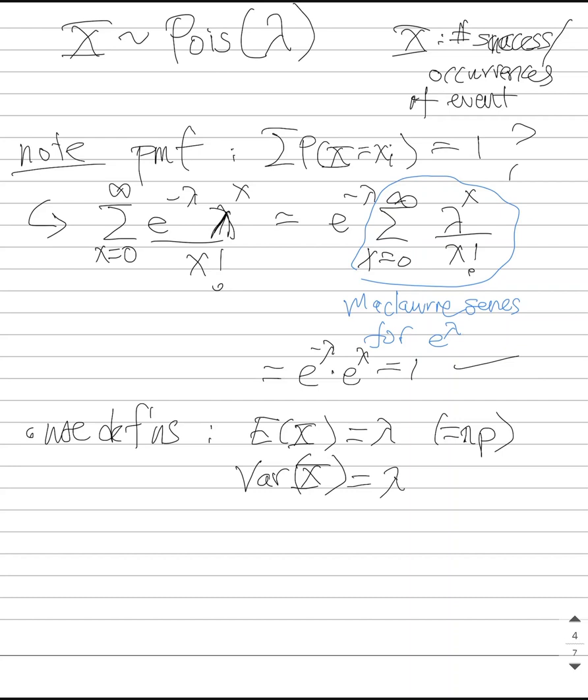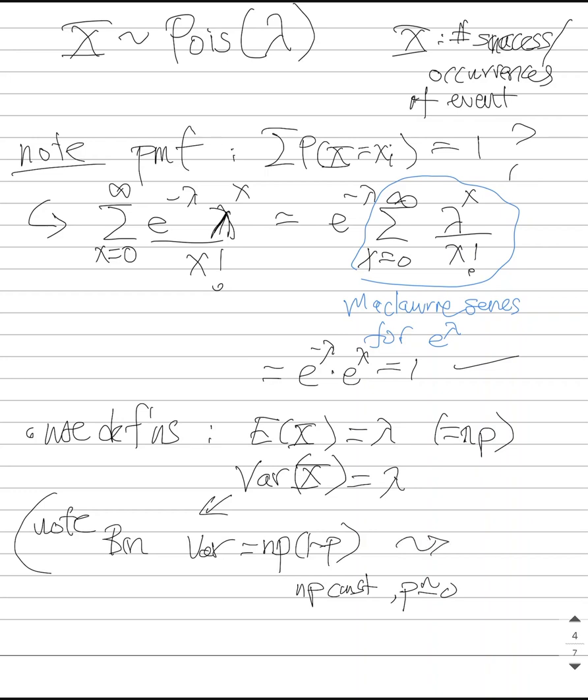Now, this one is kind of funny, but remember, for a binomial, the variance is np(1 minus p). And if you think about this, np is a constant, and p is approximately 0. So then this goes to lambda, or n times p times 1, as n goes to infinity, right? 1 minus something that goes to 0.